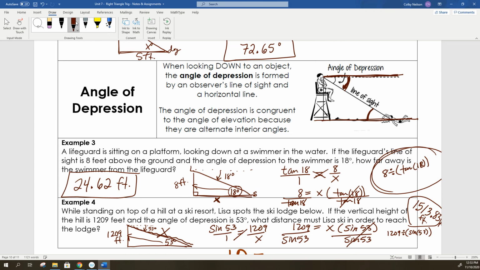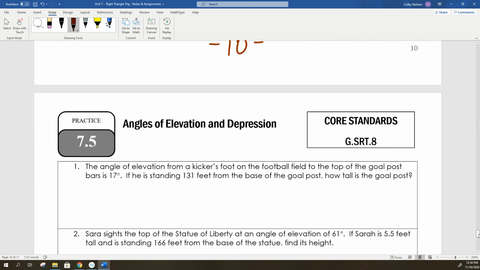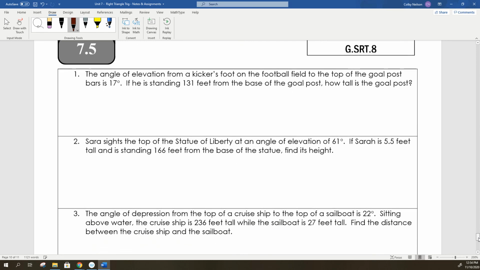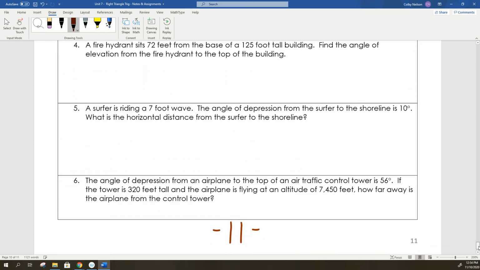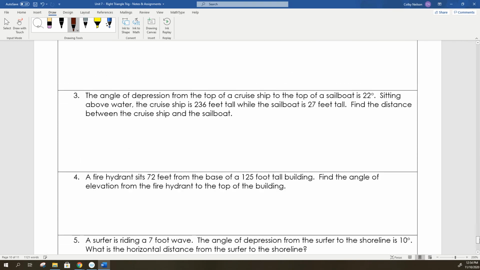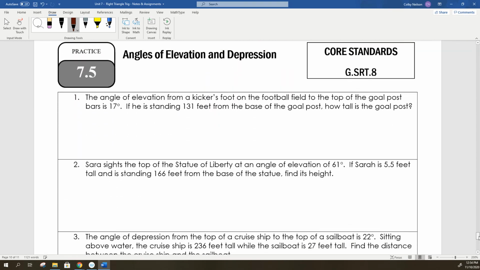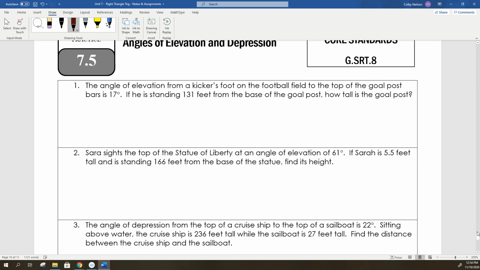All right, so on your assignment, you have those same types of questions. So angle of elevation or angle of depression, just draw the figure, insert the information, and then solve just like we did. You may be finding an angle or you may be finding a side.